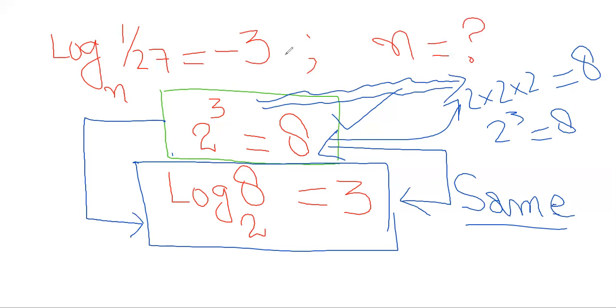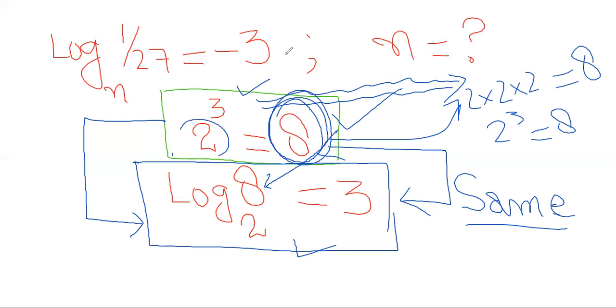Coming back to how I converted this green box to the blue box. First of all, whatever the answer was, I took the log of the answer, 8. And what was the base?